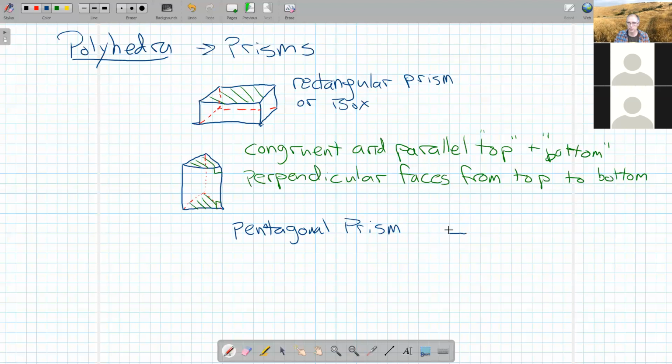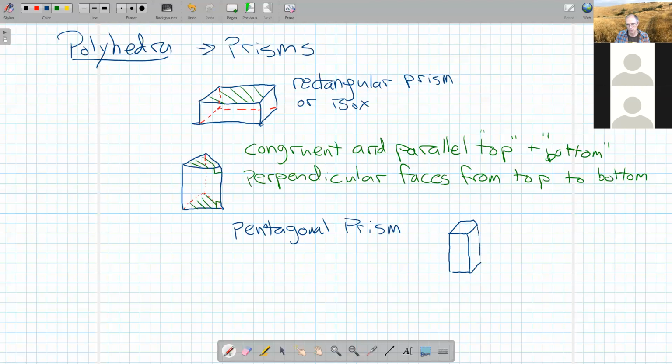Let's try like that. And it doesn't have to be a regular one, but then coming down from here, we have to go straight down till we get to the bottom, and we have to come off at that same angle.